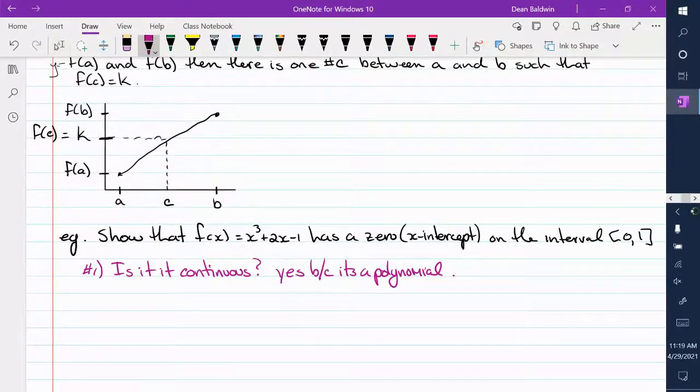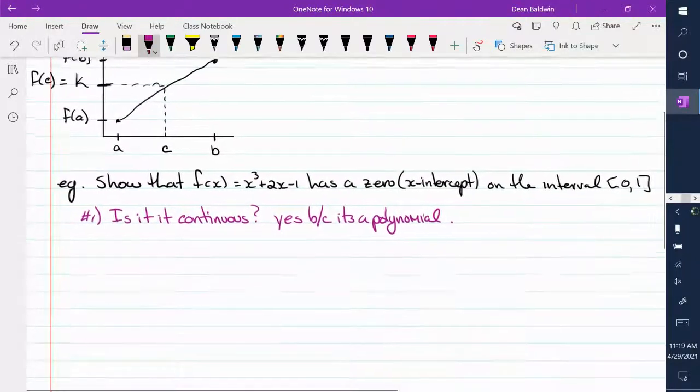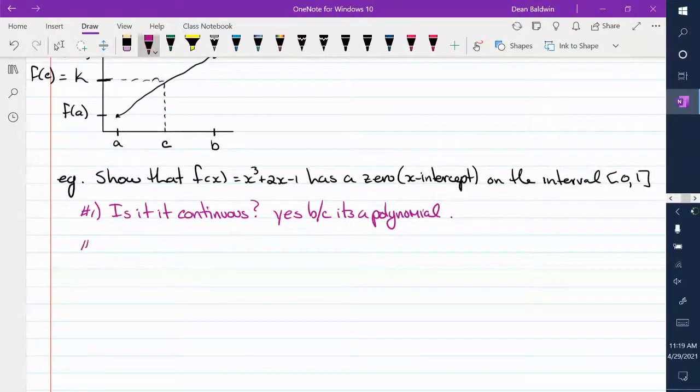Then what you do is you find the value of the function at the endpoints over your domain. So step 2, find f of 0 and f of 1.